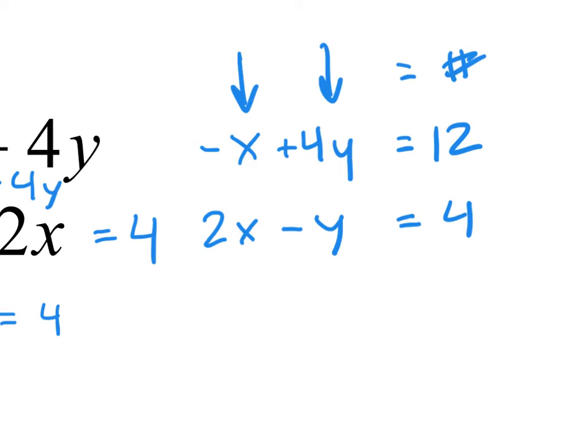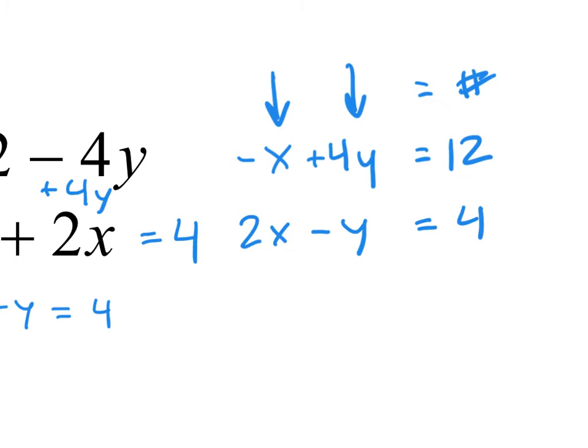So what do we do next? Remember, we need to cancel something out. So what do we need to do to cancel one of our variables out? Multiply by -4.